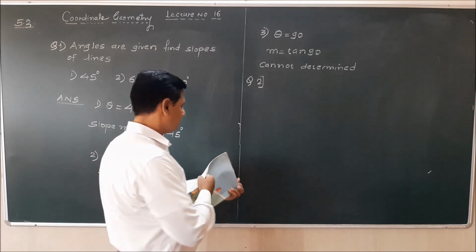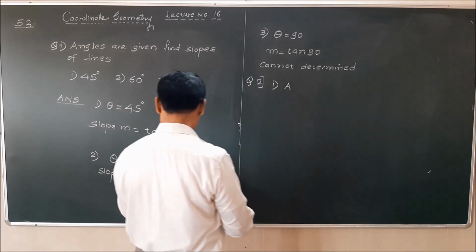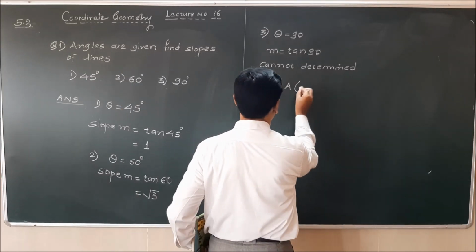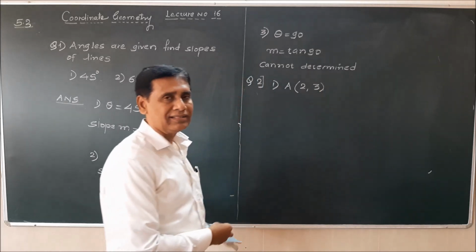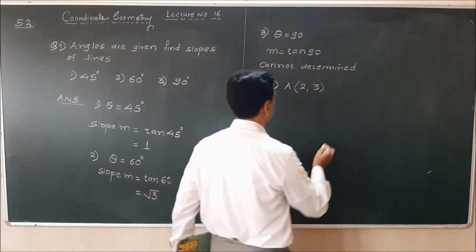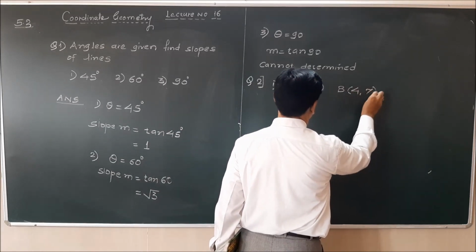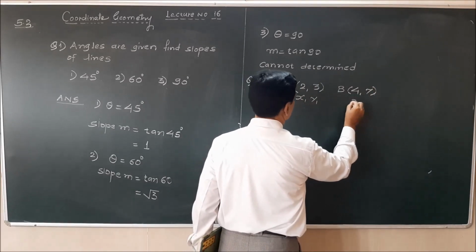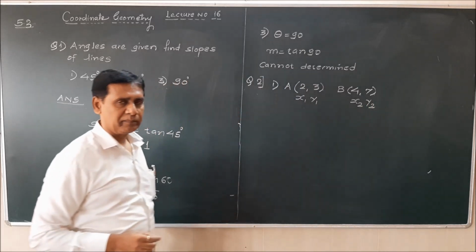First one is A. Coordinates of A are 2, 3, while coordinates of B are 4, 7. Label them as x1, y1, x2, y2.